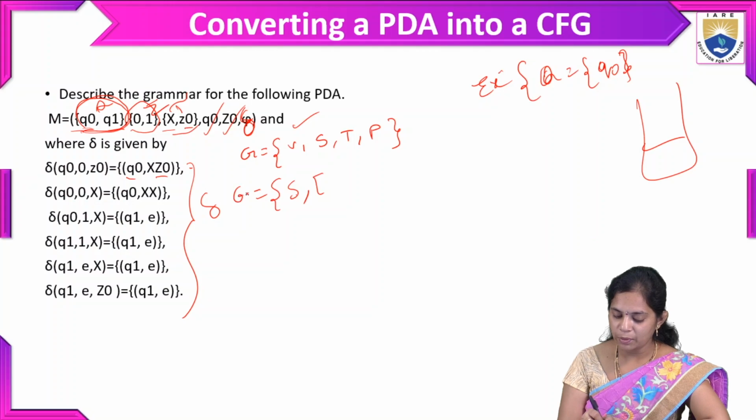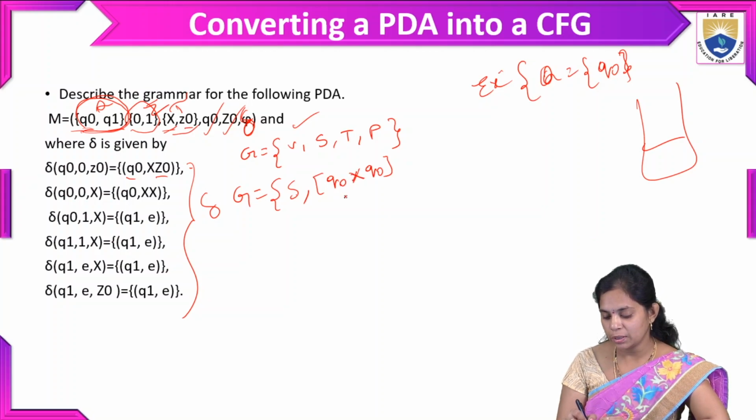So this is the grammar. So how to write this one? Q naught and Q naught, in between we will write the X value. So with the top of the stack symbol X, how many states are there? So here with Q naught, X, Q1.